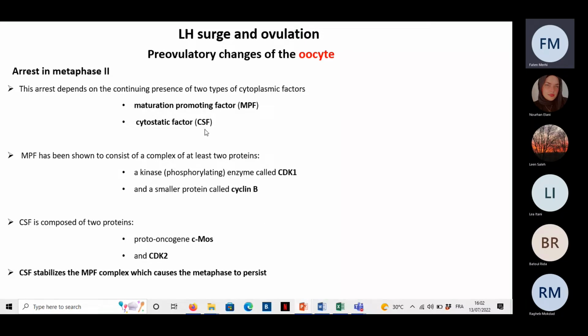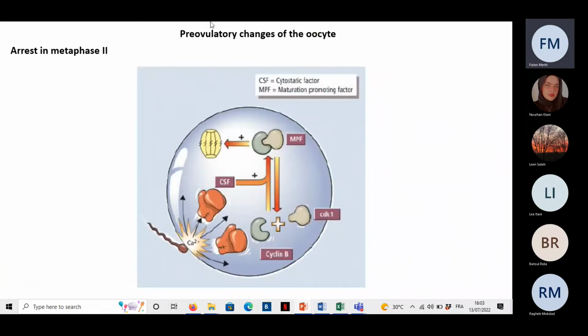Now, in meiosis 2, we have the CSF, and the CSF stabilizes the MPF. As long as this MPF is stable, the cells will be arrested in the metaphase 2. Once this MPF is destroyed or deactivated, the meiosis can resume from the metaphase 2. Okay, so the arrest in the metaphase 2 is dependent on the MPF and the CSF.